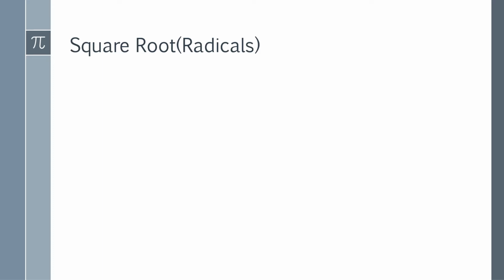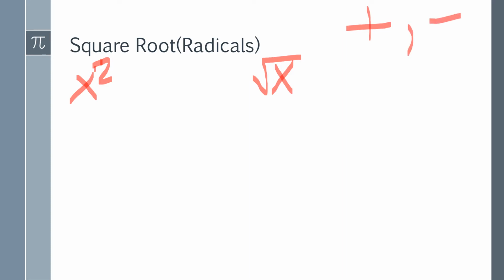So, believe it or not, square, which means x to the power 2, its opposite, its inverse, is the square root. Like how addition is the opposite of subtraction, and multiplication is the opposite of division.